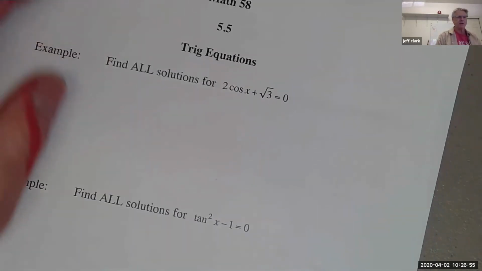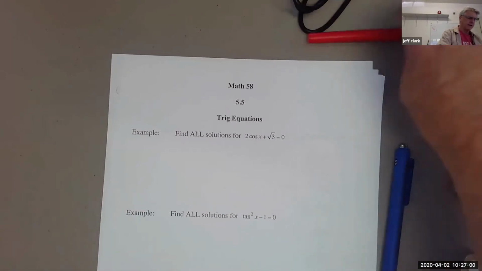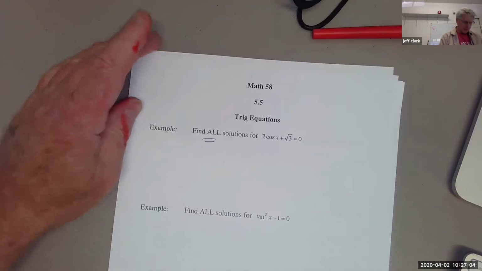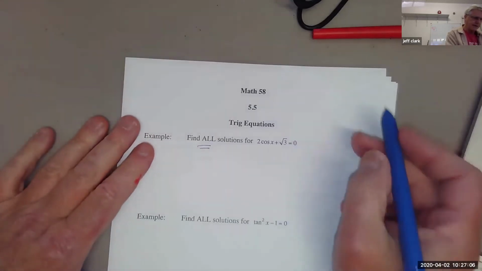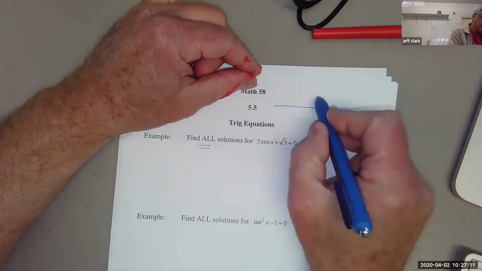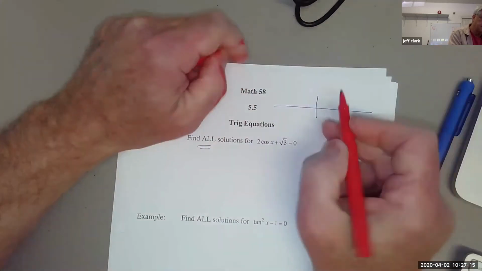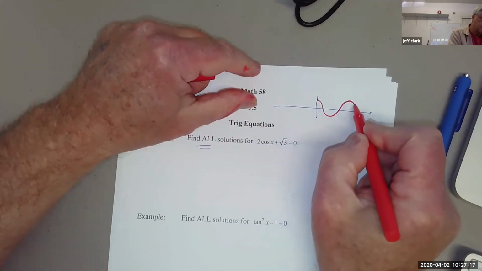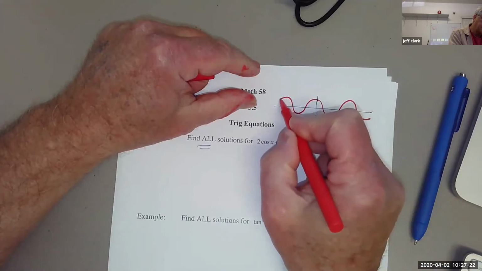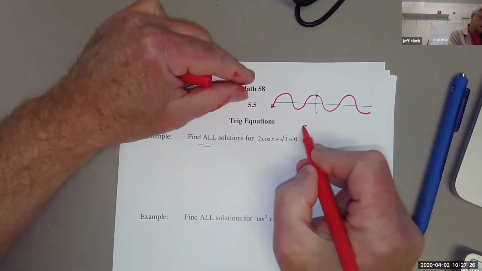There's a difference between this one and the ones I've done before. The key thing is find all the solutions. If you think about a basic cosine curve, it might look like this, and you're looking for solutions.